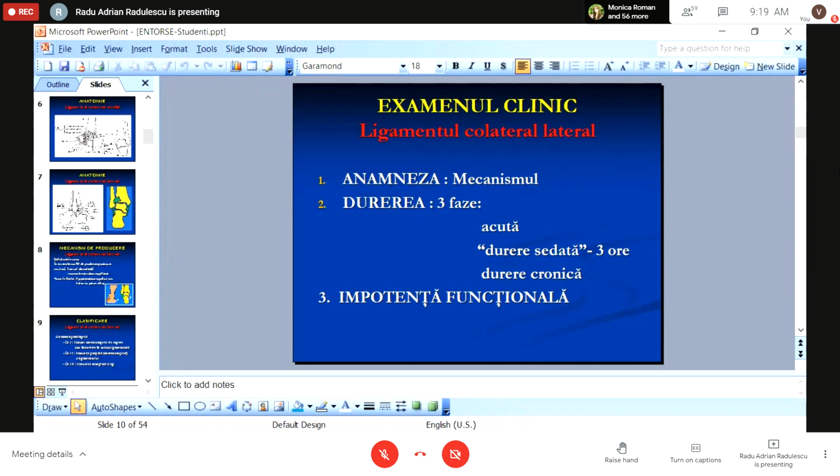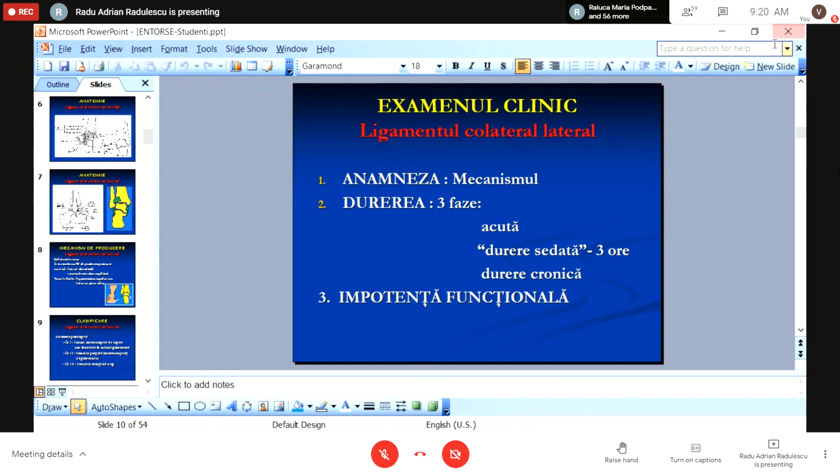Because, you know, if the patient describes a varus position, then of course we think immediately of the lateral collateral ligament. If the trauma was in varus but associated with forced flexion of the ankle, then we may suspect that the main ligament that is torn will be the anterior fibular ligament.